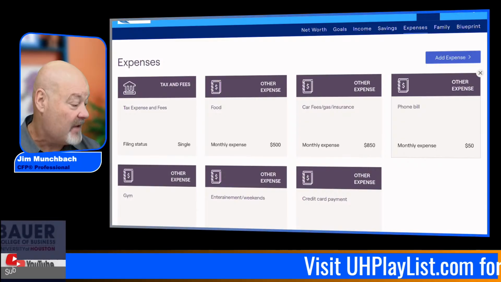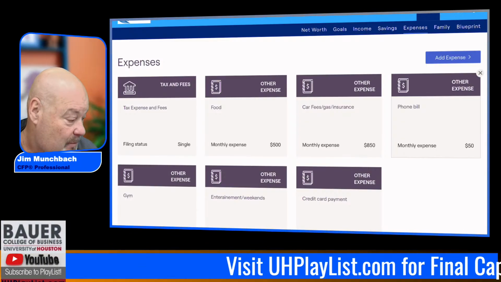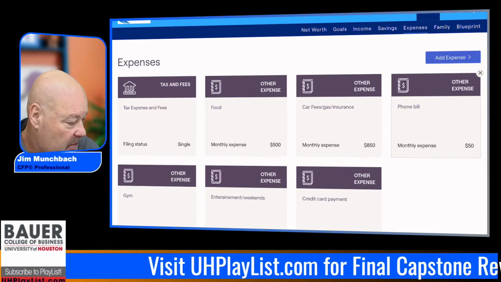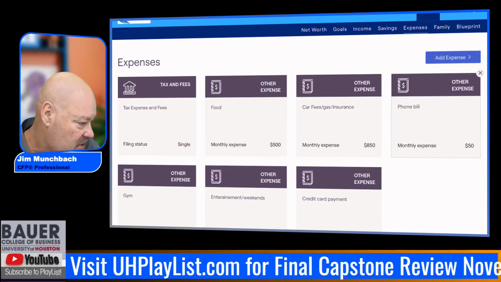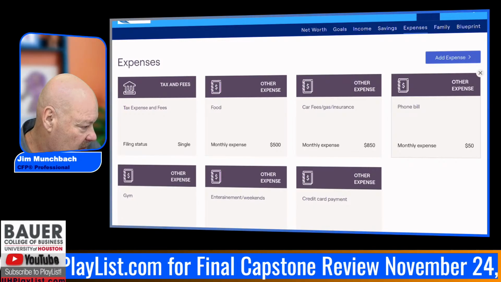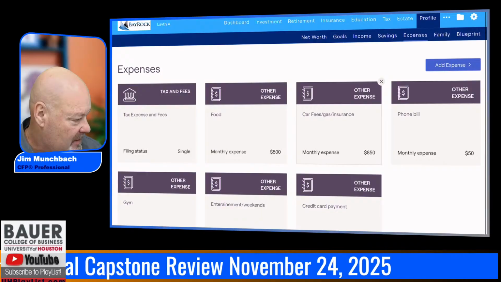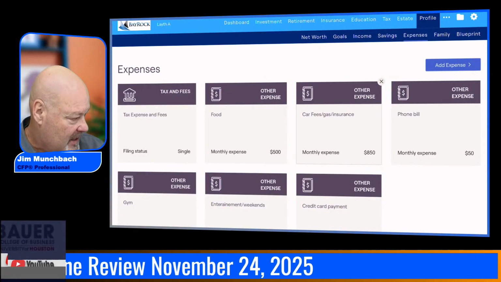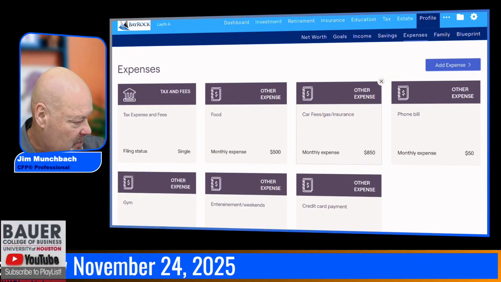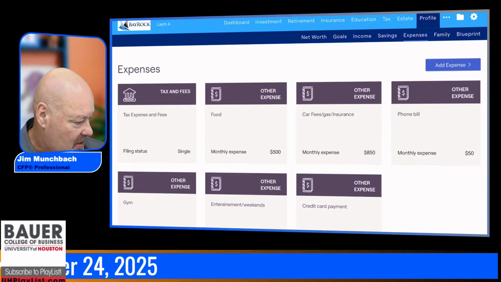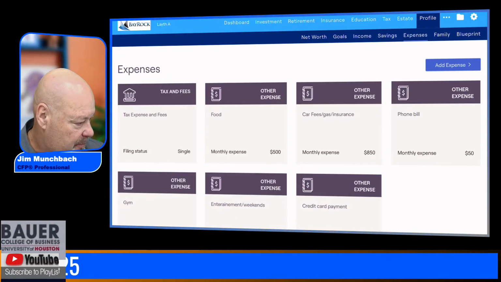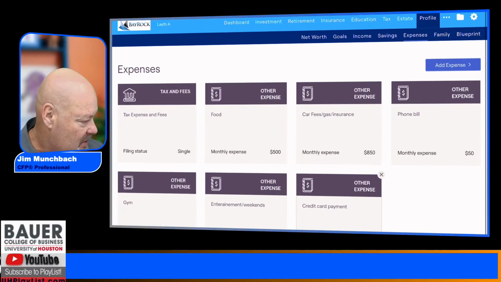Entertainment on weekends, 500 bucks. I guess that's a monthly expense of $30 for other expenses, and then food $500. So that's fine, but remember when you did your expenses, you had pre-retirement expenses.